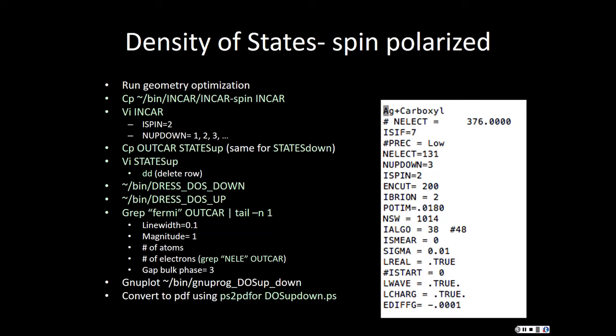Okay. So then you want to copy your OUTCAR file as a states file. This is where the rest of this slide gets iffy on what's going on. You want to go into your states file and delete unneeded stuff, making it different from your OUTCAR file.